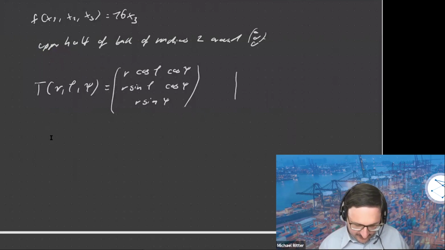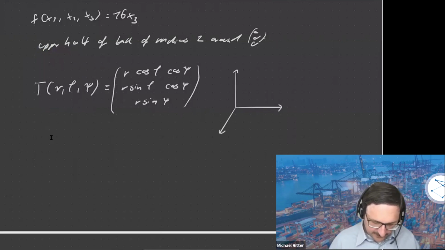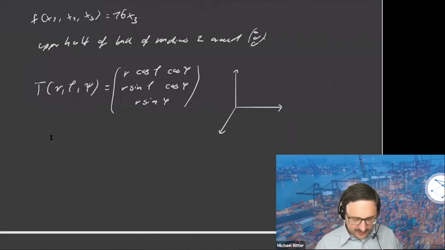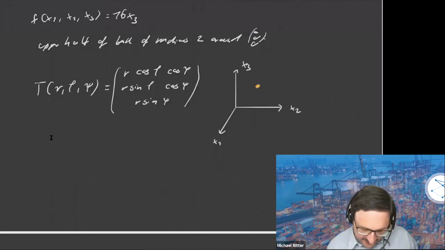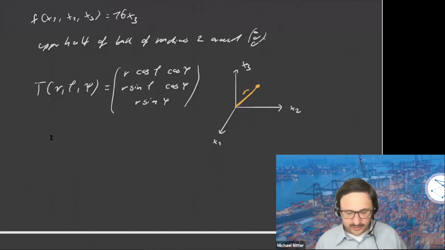Let me just give you a very quick sketch here. If you have x1, x2, x3, and a point, let's say this is the point. Then this is characterized by the radius. That's just the distance to the origin, as with polar coordinates in the plane.